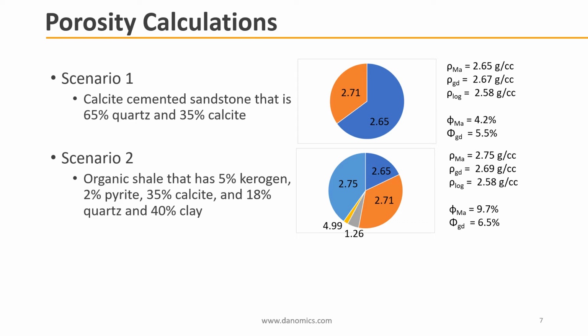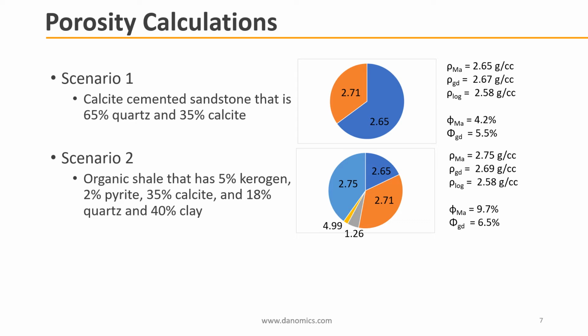But I think these toy models are useful. So, let's say you just took a quick look at your log and you said, oh, this is a clean sand. My matrix density should be 2.65 grams per cc. Oh, I can see my log is reading a value of 2.58. You can do that quick calculation using the density porosity equation, and you're going to get an answer of 4.2%.